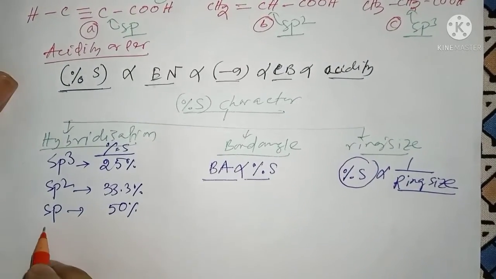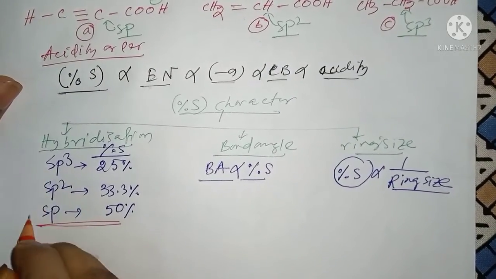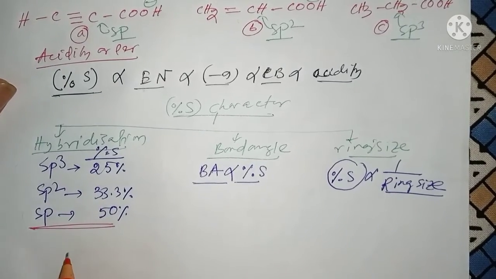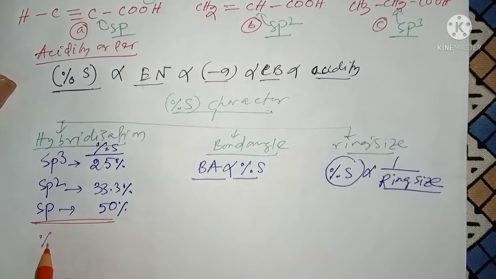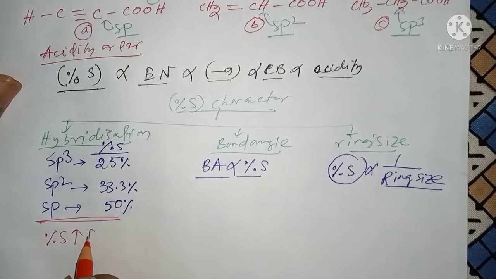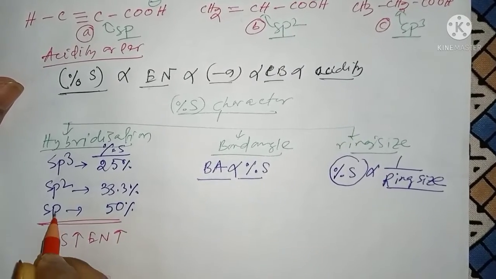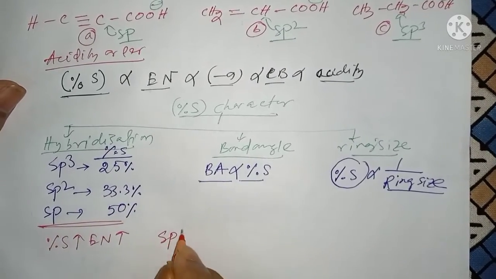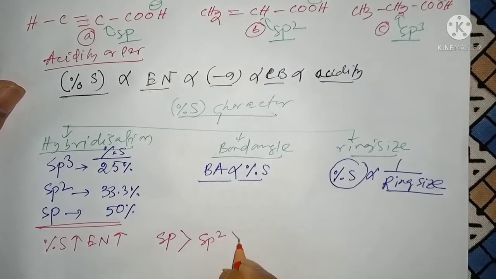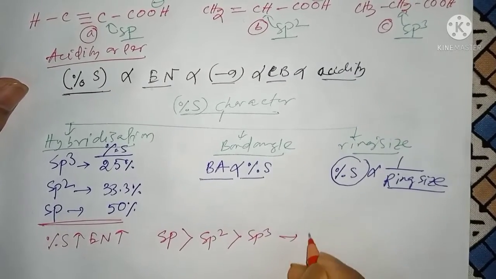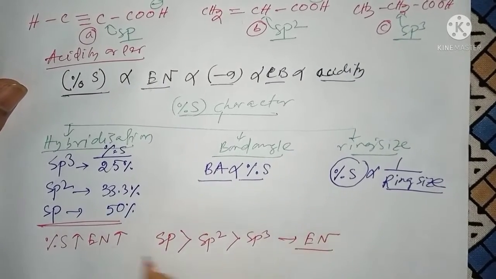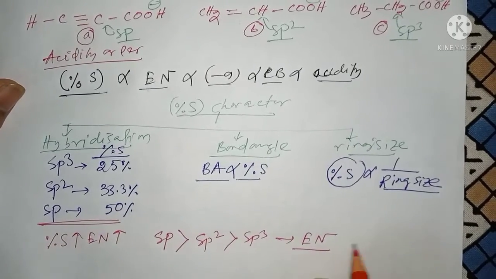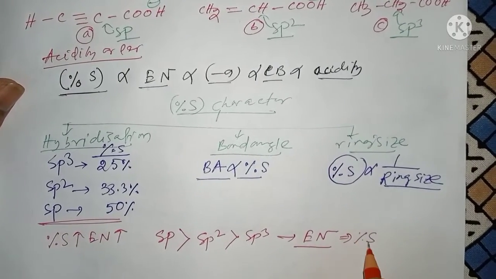Now discuss sp, sp2, sp3 hybridization. Percentage of s character increases, electronegativity increases. So sp is greater than sp2 is greater than sp3. This is the electronegativity order, and the same is the percentage of s character order.